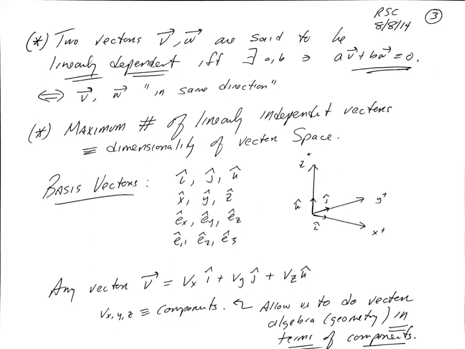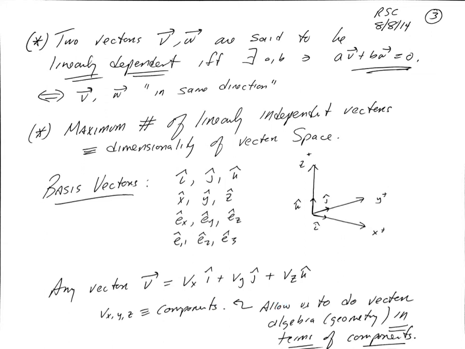And components are extremely important because they allow us to reduce the geometrical operations of adding vectors and multiplying by scalars to real algebra on these components, vx, vy, and vz. So this is establishing a basis, and using these basis vectors allows us to start doing all the kinds of manipulations we can do on numbers, we do on the components of vectors, but they have the geometrical implications and interpretations that we'll be talking about.